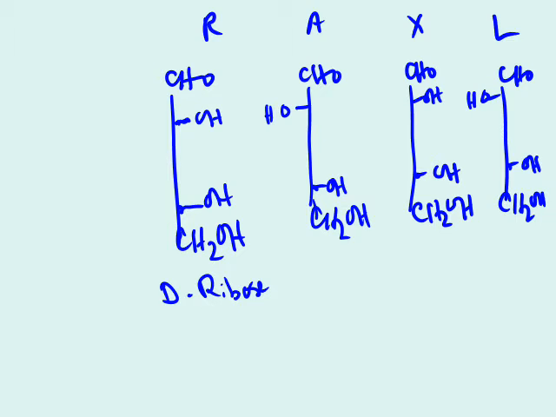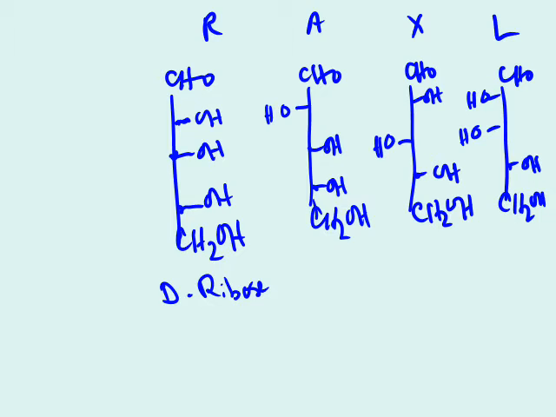Now the next chirality center would have the first two right, the next two left. So this is right, this is right, left, this one also left. Now you've got the configuration of all these sugars, ribose, arabinose, xylose, and lyxose, with three chirality centers.